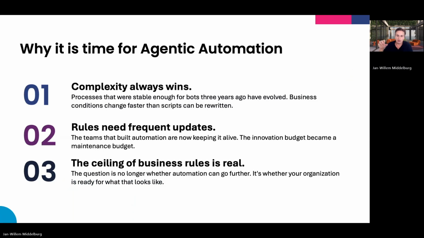Now, why is it then time to move and transition towards agentic automation? Many organizations have implemented and utilized RPA and automation workflows for many, many years. But if you look at the top 3 issues that you will run into with RPA solutions, I always like to summarize it into a top 3.